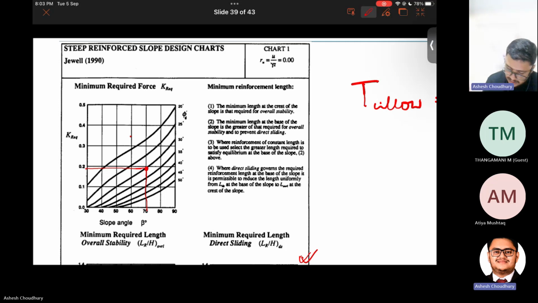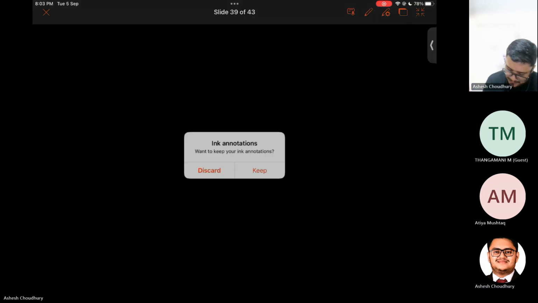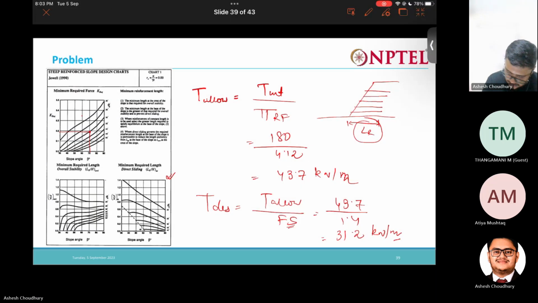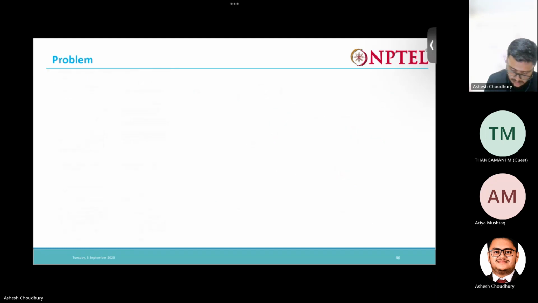This is an approximate value. So approximately, for beta equal to 73, K required is 0.1.